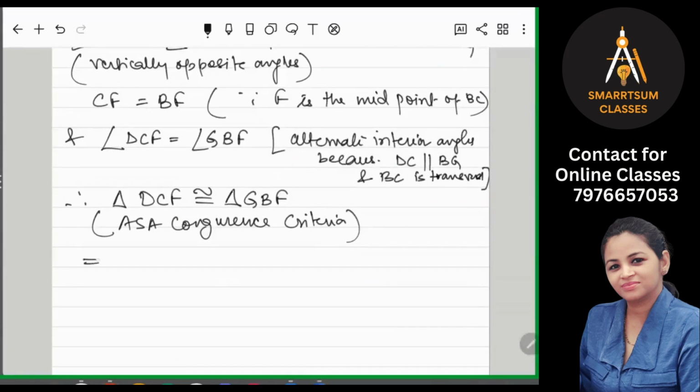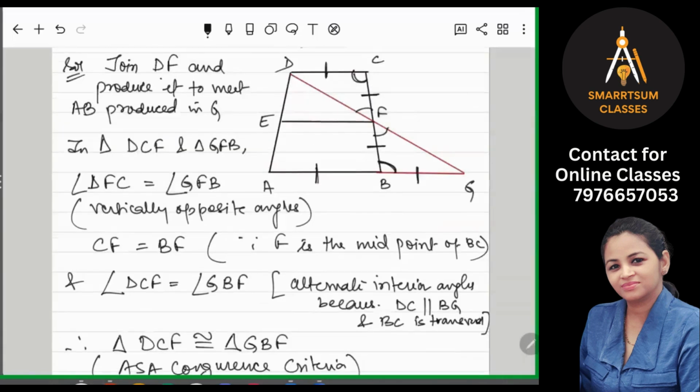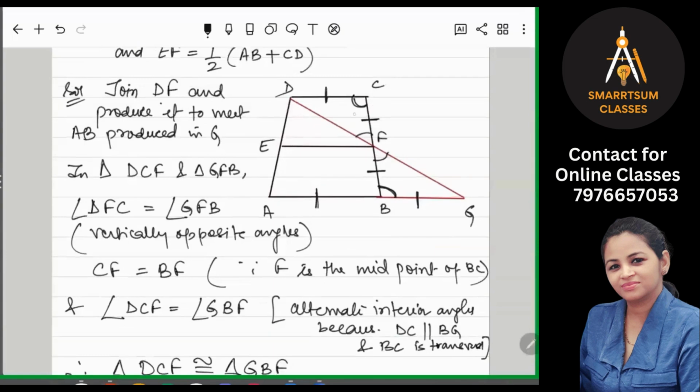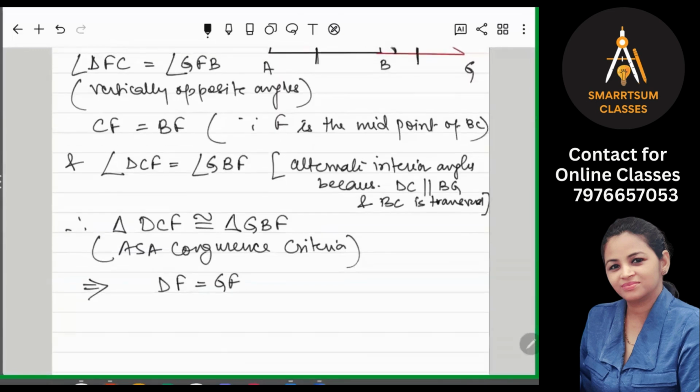Now, since we have proved that these two triangles are congruent, by CPCT we can say that DF is equal to GF. Look at the figure: this side will be equal to this side. So write down, by CPCT, they are equal.